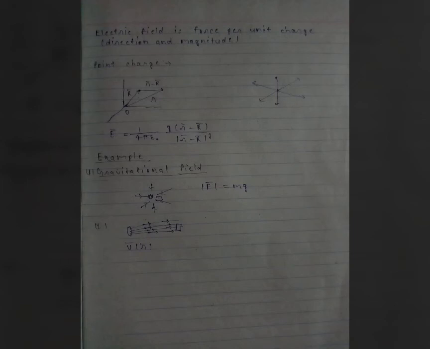Another example of field is going to be, suppose there is a fluid flowing, and I try to see how the velocity of this fluid is changing. This may be coming out of a water tap here, and fluid may flow like this.